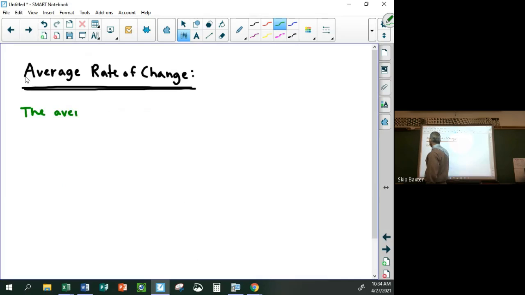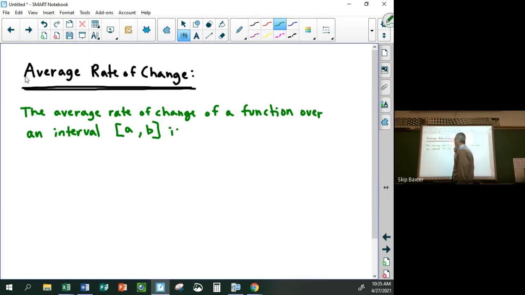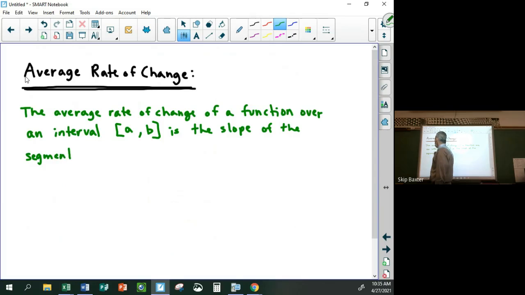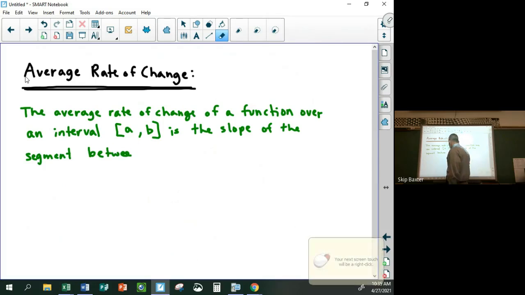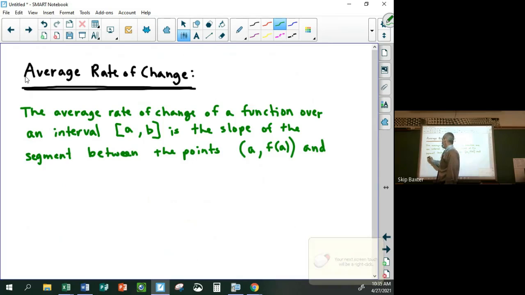The average rate of change of a function over an interval A to B is the slope of the segment between the points A, f of A, and B, f of B.